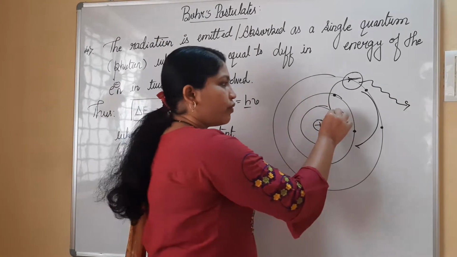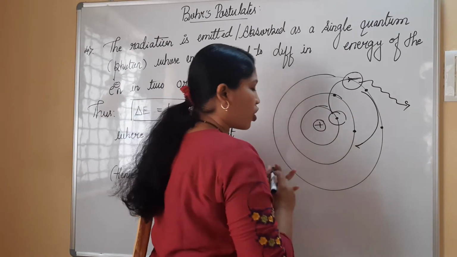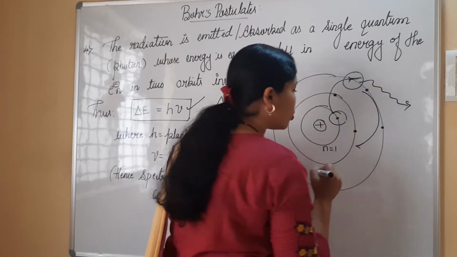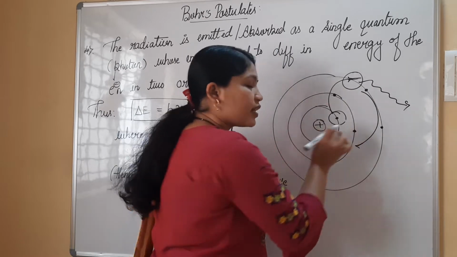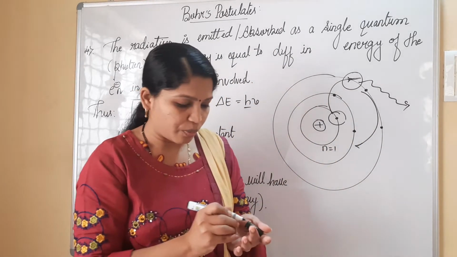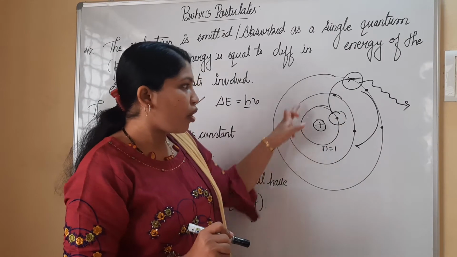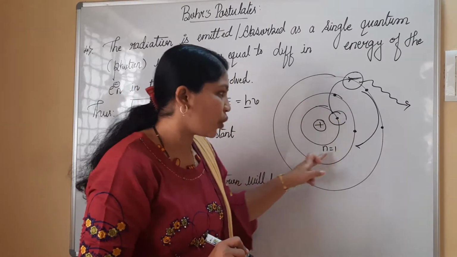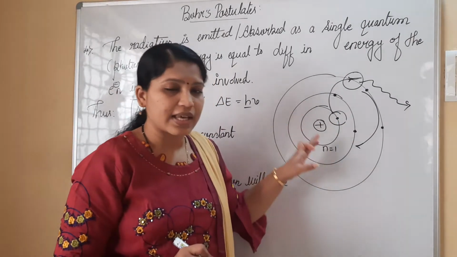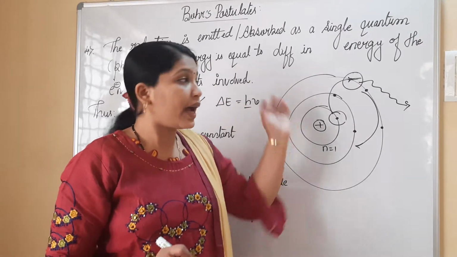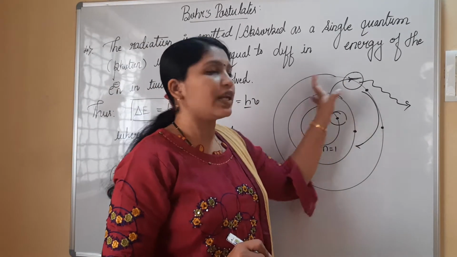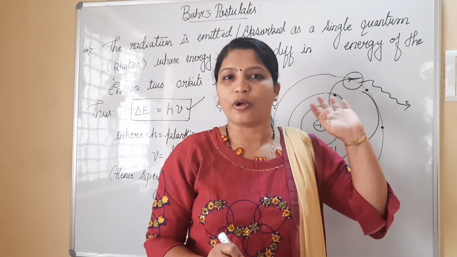The electron which is rotating in this first orbit, let me consider this as n equal to 1, will have a fixed frequency or angular momentum. The angular momentum of this electron rotating in the first shell is exactly different from that of the electron rotating in the second, third, fourth and so on.